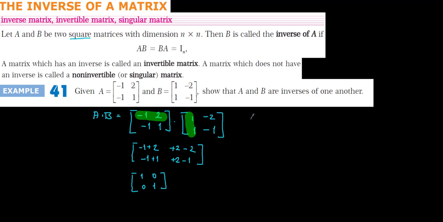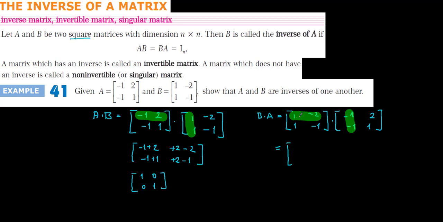Let's check B times A quickly. B times A is equal to [1, -2; 1, -1] times [-1, 2; -1, 1]. Again I'm going to show the rows and columns rule here. Rows to columns, we are multiplying.